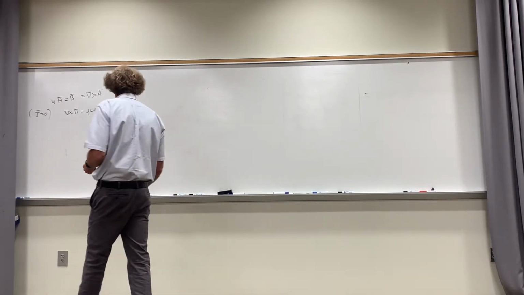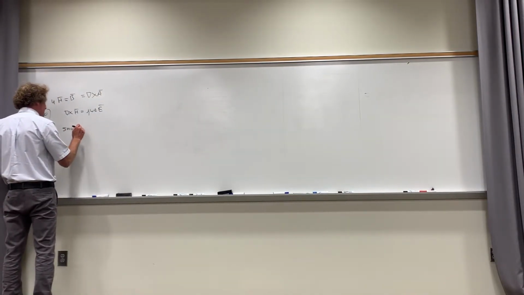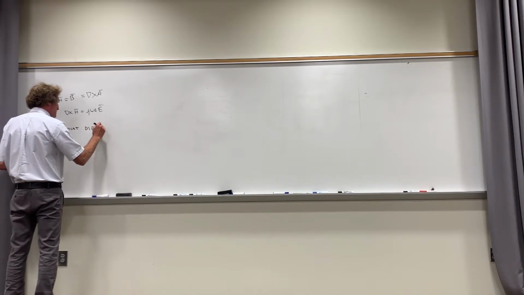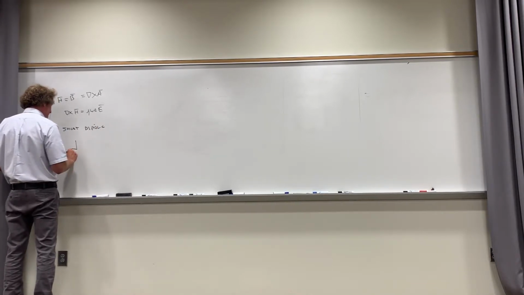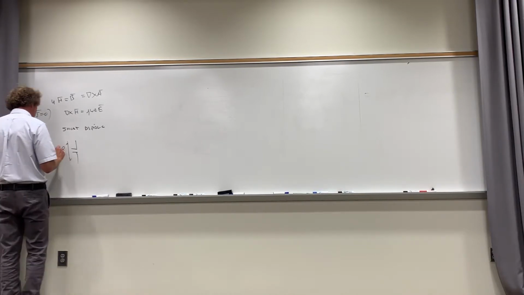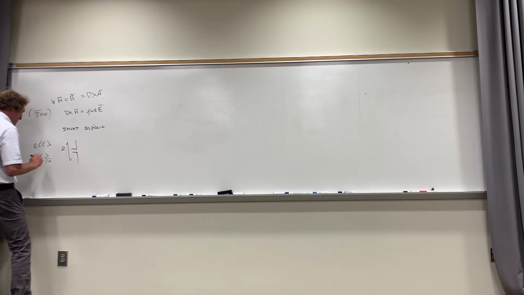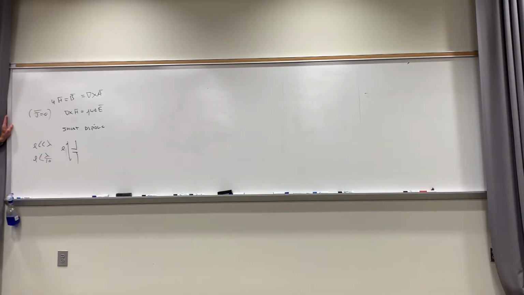A short dipole is something where L, the length, is much less than a wavelength. Really, length less than lambda over 10 is usually the way it's set up. So if it's less than 1/10 of a wavelength, it's a short dipole.